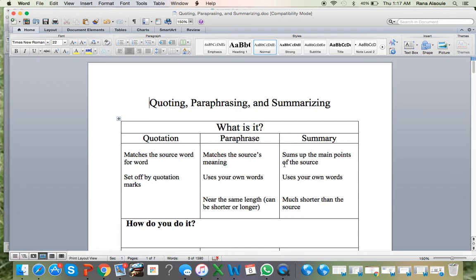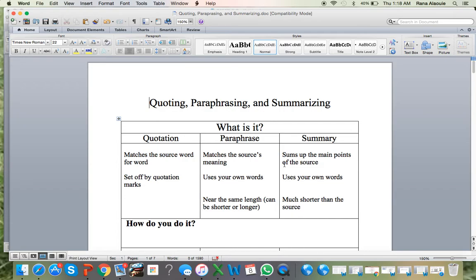In contrast, the summary sums up the main points of the source, using your own words as well, but it's going to be much shorter than the source itself. So if it's a paragraph long and you're summarizing, it's pretty much going to be one sentence. If it's a book that you're summarizing, depending on how long the book is, your summary is going to be probably a fourth of that.